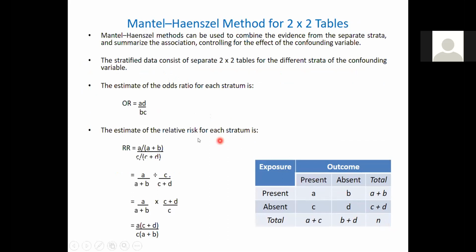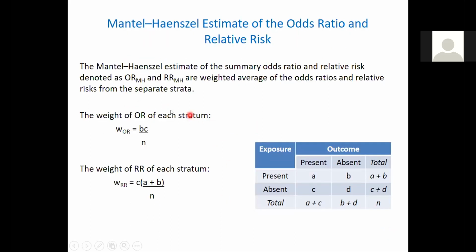So the weight of each odds ratio will be determined by its denominator. That is why they put the weight for each one as what the denominator contributes to the total. So the weight for the odds ratio for each stratum will be BC for the stratum all over n.